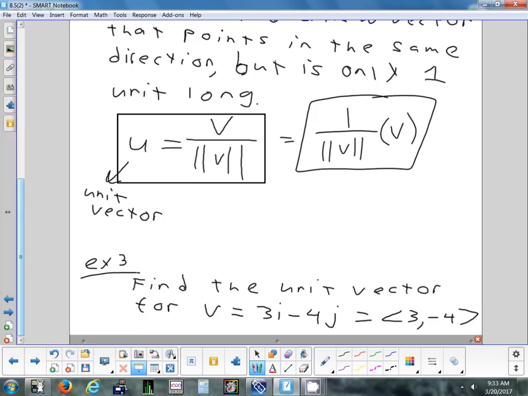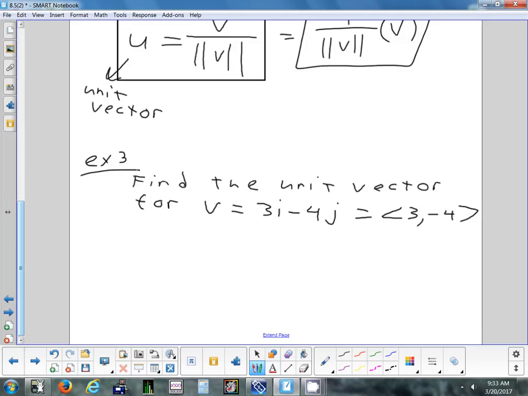If I want to find a unit vector for it, what do I have to know first? I got to know its magnitude. Maybe it already is a unit vector. I don't have to do anything. But it's probably not. So I got to find its magnitude, and then I can use that in the formula. Okay, let's find the magnitude of v.